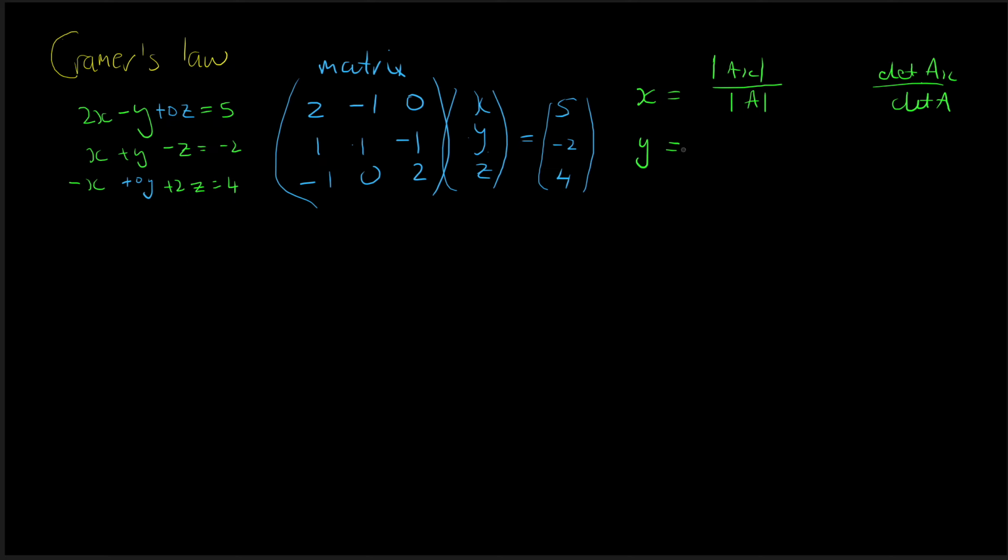And y is going to be determinant of Ay divided by A. And z is going to be determinant of Az divided by A.